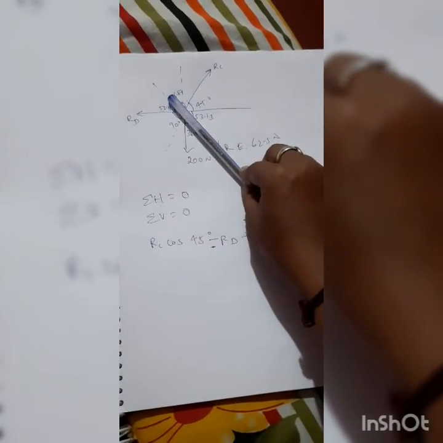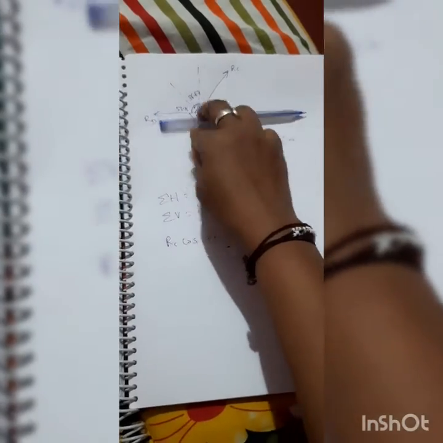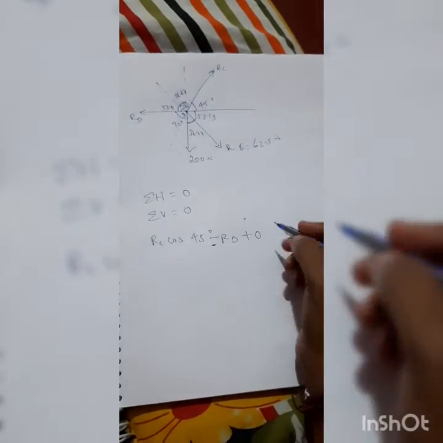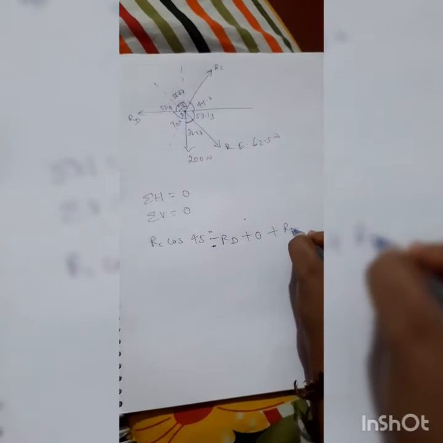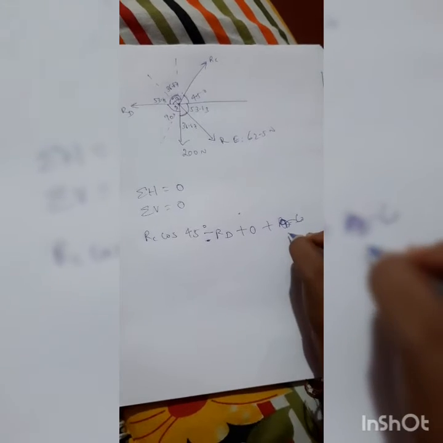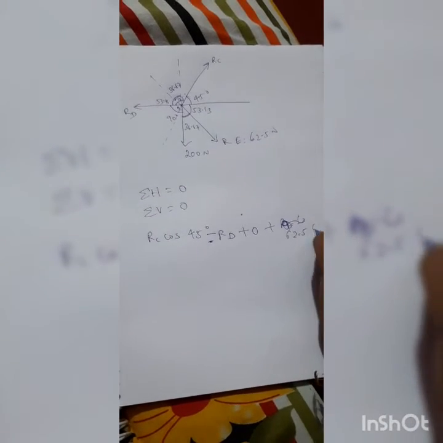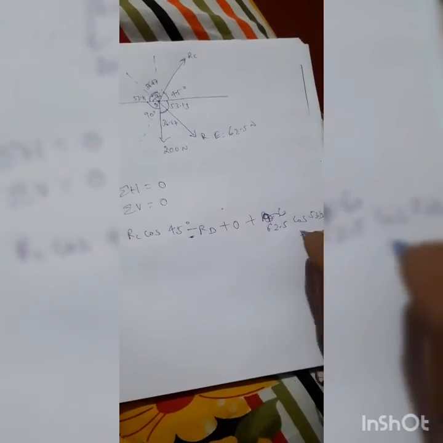RE is acting like this. If we resolve it with the horizontal axis, it will act along positive x-axis and its angle of inclination is 53.13 degree. So plus RE cos 53.13, RE is a known value, we know RE magnitude 62.5 cos 53.13, that is equal to 0.